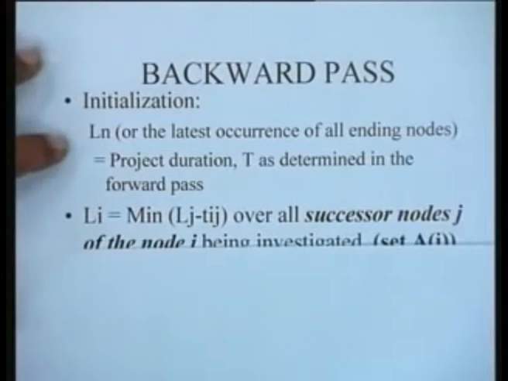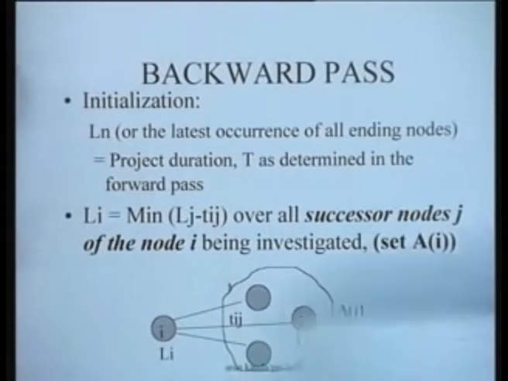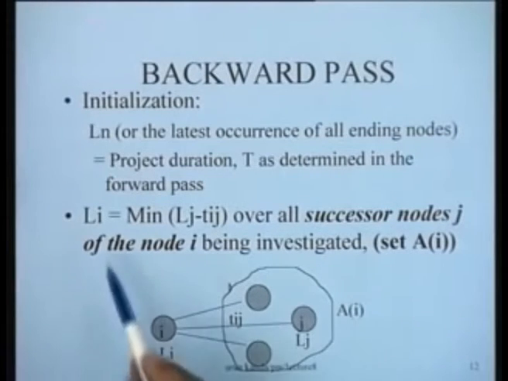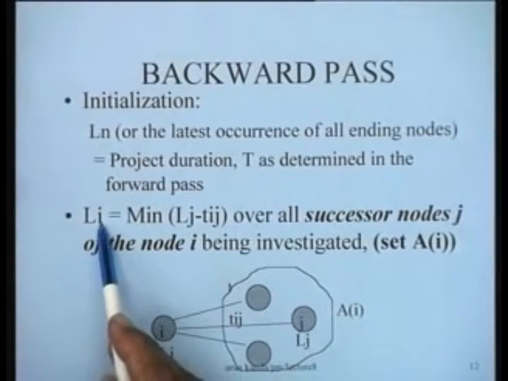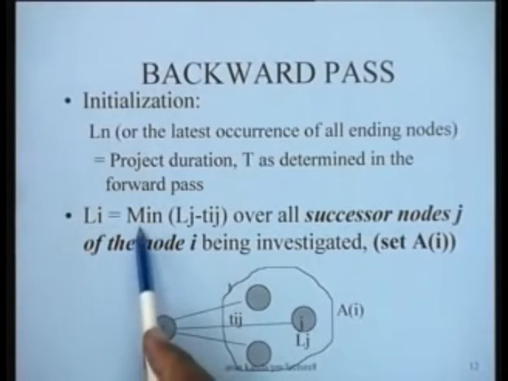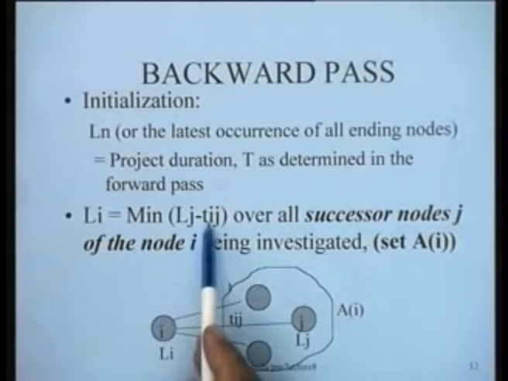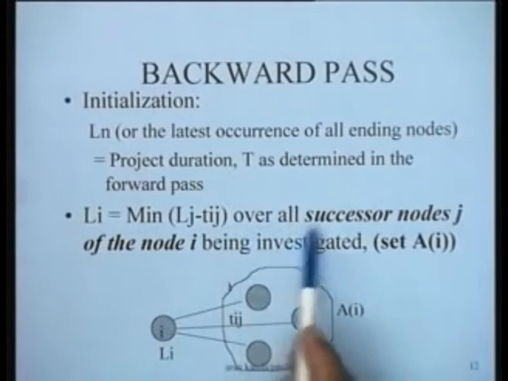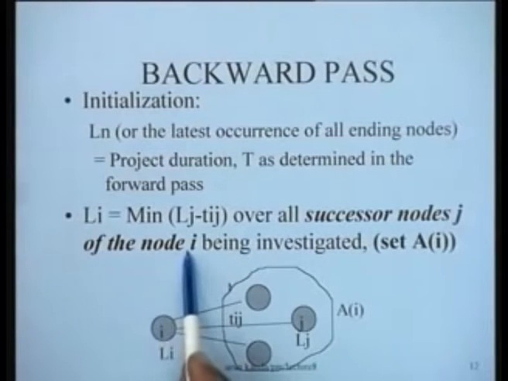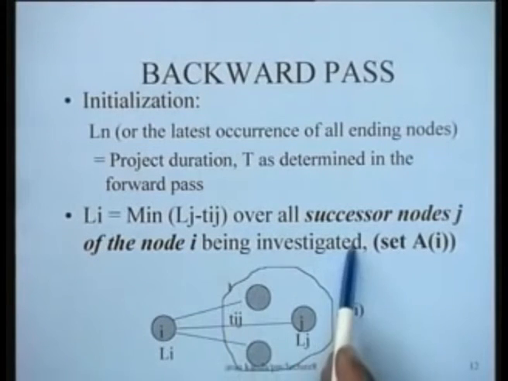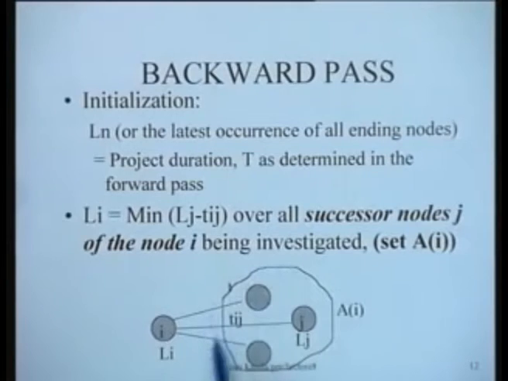And once you have done this initialization, the next step is to determine the latest occurrence times of all the nodes, Li's, which is nothing but the minimum of Lj minus Tij over all the successor nodes j of the node i being investigated. So this is the set of nodes after i.